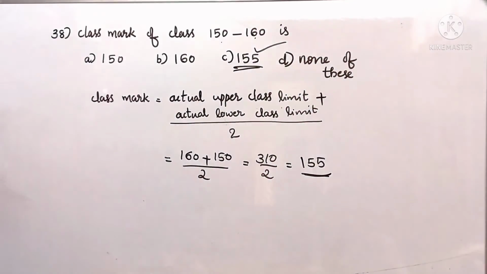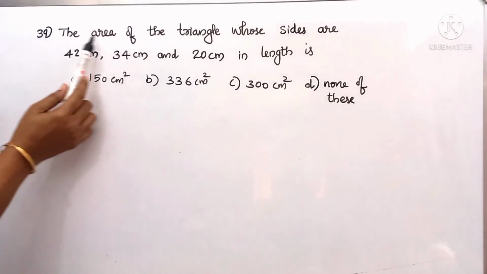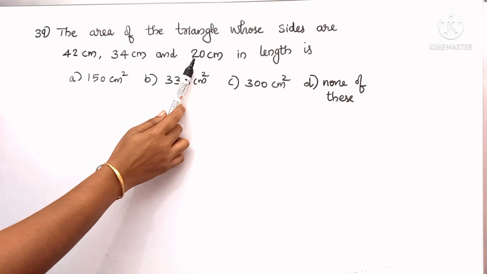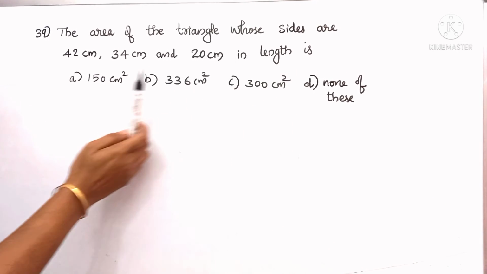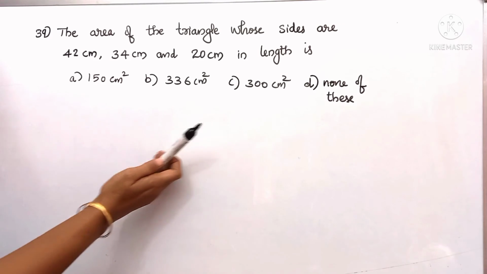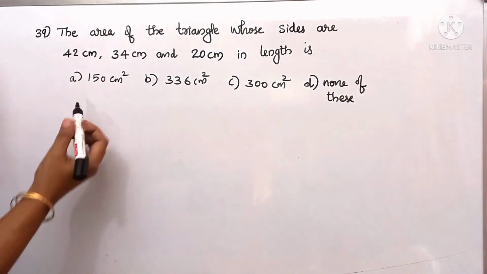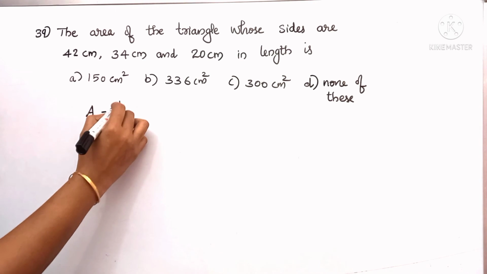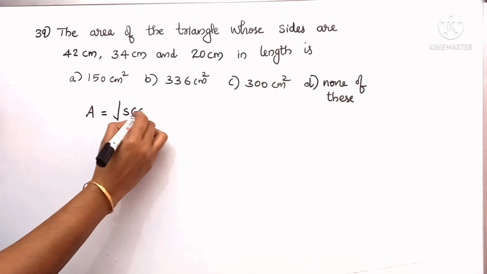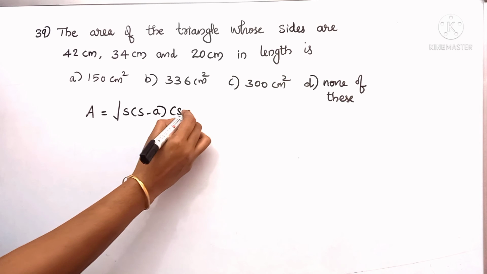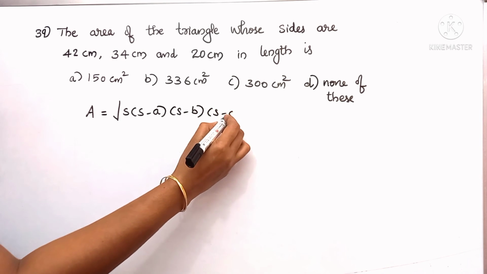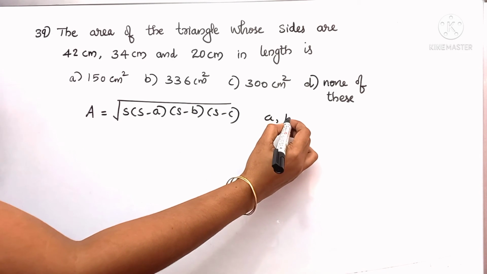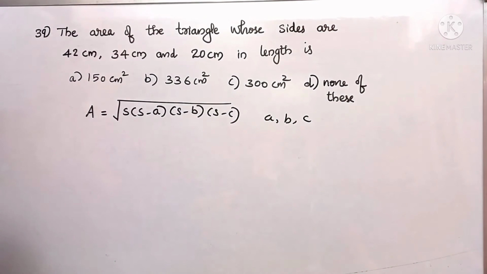That is the answer. Next question, the area of the triangle whose sides are 42 cm, 34 cm, 20 cm in length is, options are given. We have to find the area of this triangle. We have to apply Heron's formula. Area is equal to square root of S into S minus A into S minus B into S minus C, where A, B and C are the sides of the triangle.